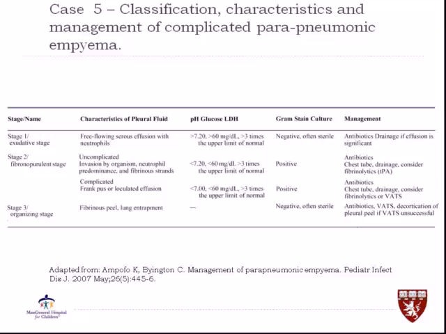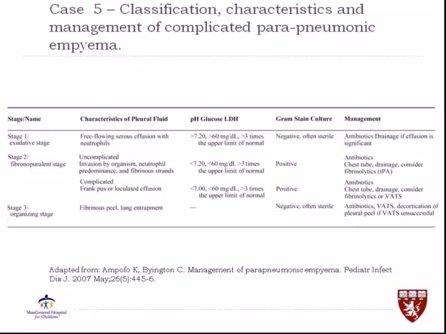Carrie Byington, I believe from Utah, had been working with pneumonias for some time now. She's also been assessing the impact of pneumococcal vaccination on the epidemiology of invasive pneumococcal diseases, and this is a table from one of her publications in PIDJ in 2007. So these are the stages of pneumonic effusion/empyema.